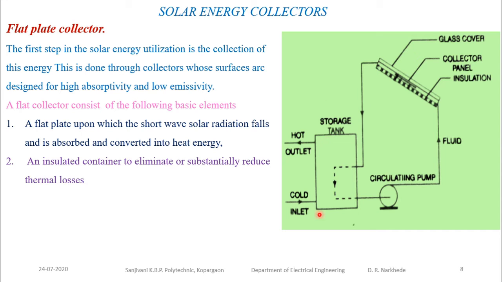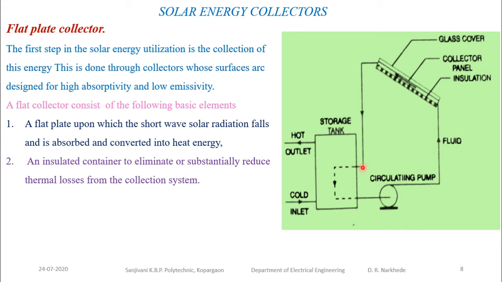Second, an insulated container is there to substantially reduce the thermal losses from the collecting system. So I have to use an insulated system, insulated in such a manner that the heat does not get reduced because of conduction, convection and radiation to the atmosphere, because the temperature of this is more than the atmospheric temperature.